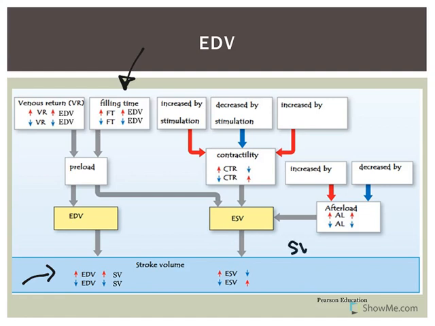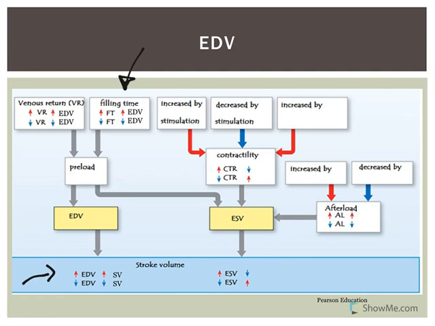So if my end diastolic volume was, say, 100 mils, we'll just make it easier, and my end systolic volume was, say, 50, my stroke volume would be 50 mils. But if I increase this to 120, then my stroke volume would be 70 mils. Okay, so that makes sense. So if I increase end diastolic volume, stroke volume goes up. If I decrease it, stroke volume will go down.